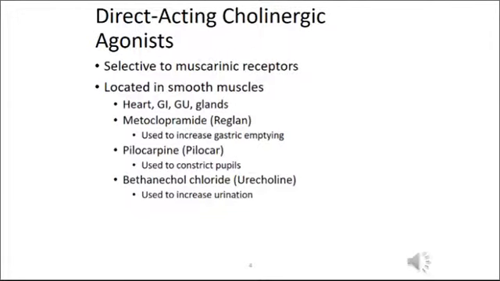So the different types, we're first going to go into the direct acting cholinergic agonists. They act directly on the muscarinic muscle receptors. Most of the cholinergics affect the muscarinic or the skeletal muscles.